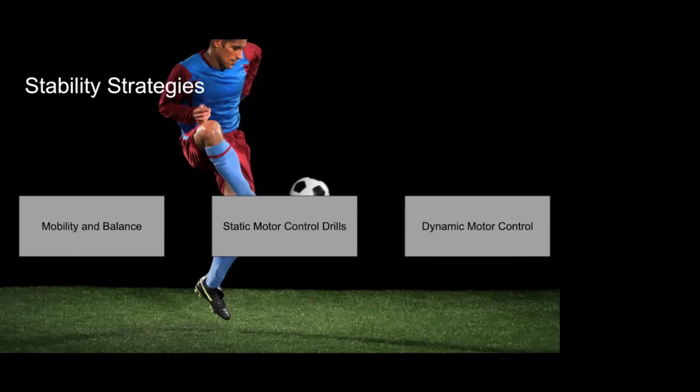So stability training, core training, to recap, it's not about getting a six pack. It's not about how long I can hold a plank for. At the end of the day, a plank is just a simple movement where I'm just holding myself in place. I'm not really using any kind of timing or sequencing, which is really what motor control and stability is all about.